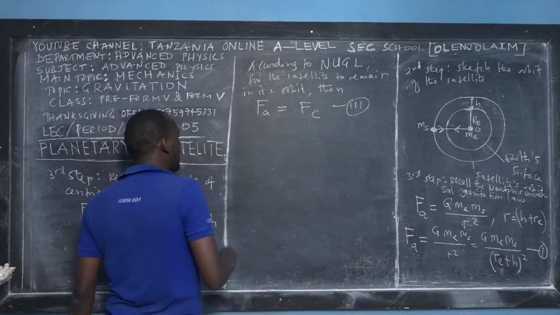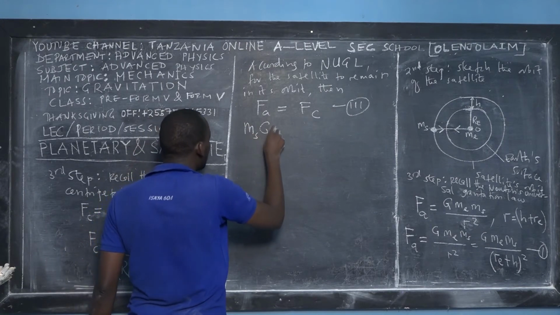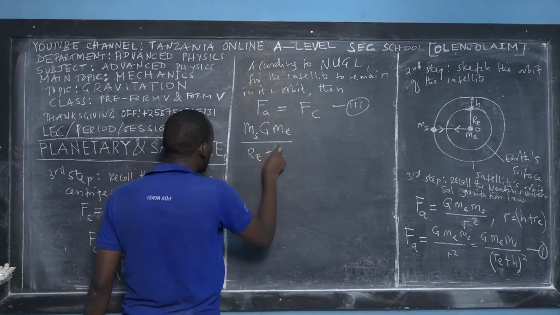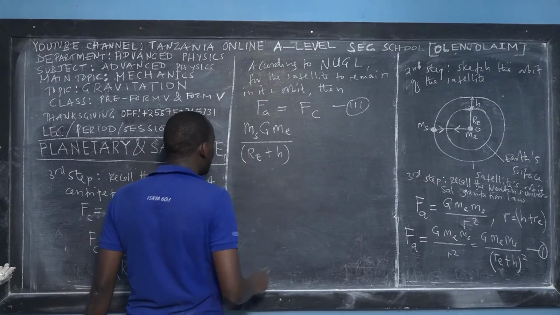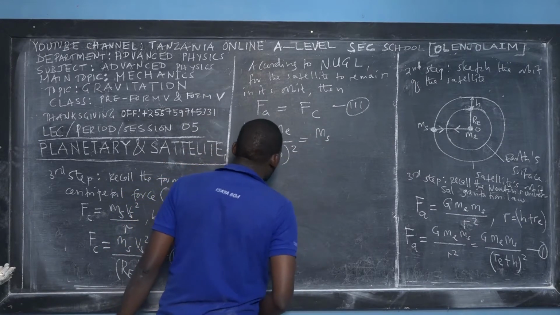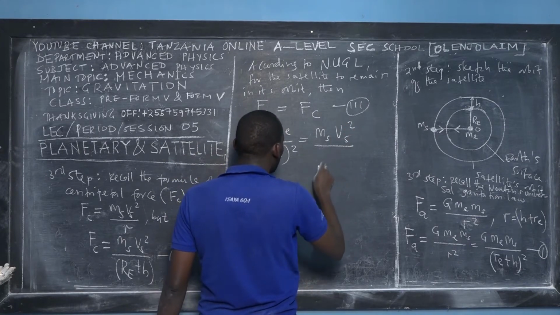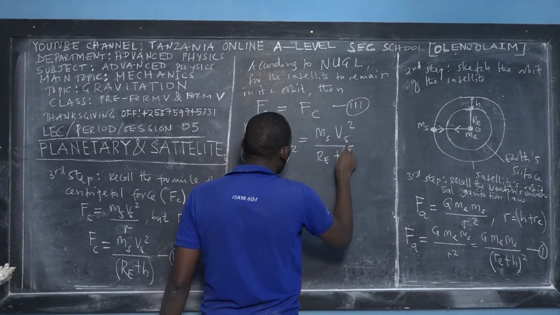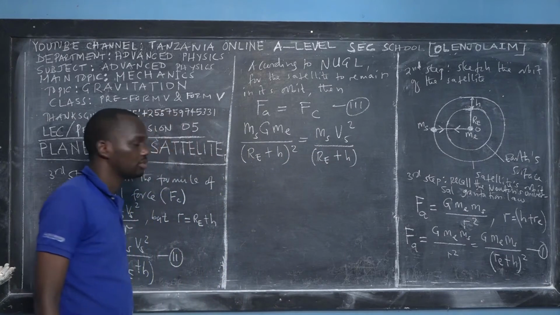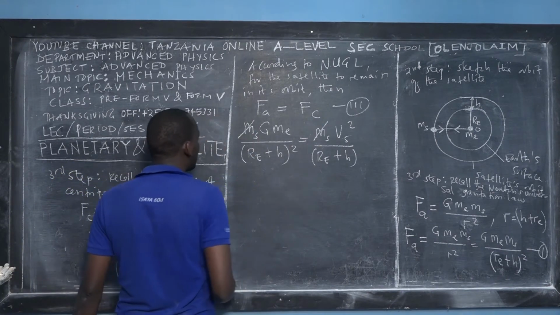So we can equate now. We say that the mass of the satellite times the gravitational constant times the mass of the Earth, over the radius of the Earth plus the height where we place the satellite, squared, is equal to what? The mass of the satellite multiplied by the orbital velocity of the satellite squared, divided by the radius of the Earth plus the height from the Earth's surface. With this we can simplify the mass of the satellite.